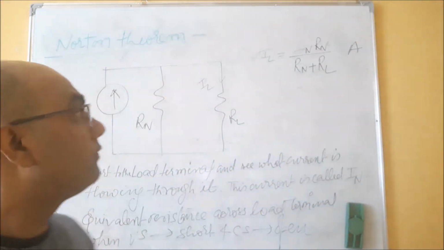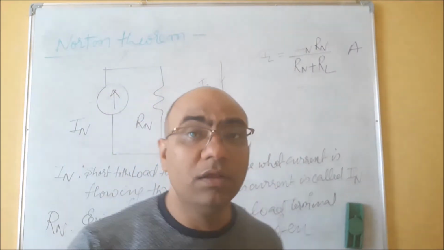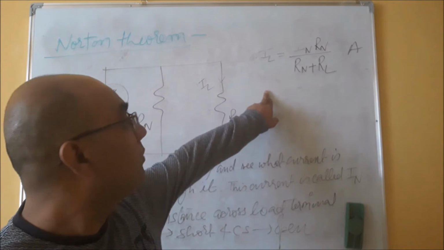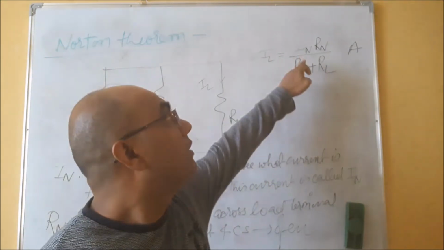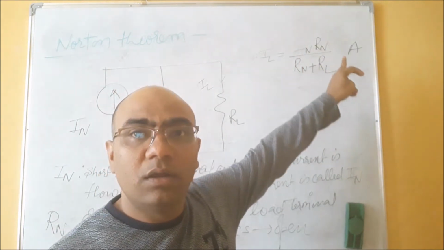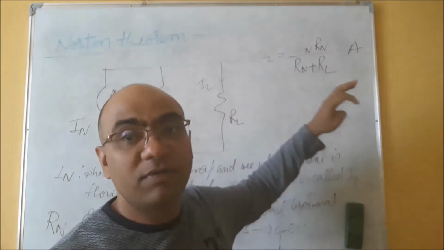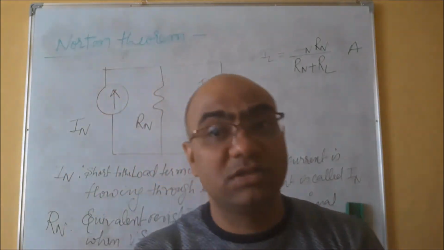If you know the values of IN, RN and RL, then by putting them in this formula you can find the load current. It is given by the multiplication of Norton current and Norton resistance divided by the sum of Norton resistance plus load resistance.